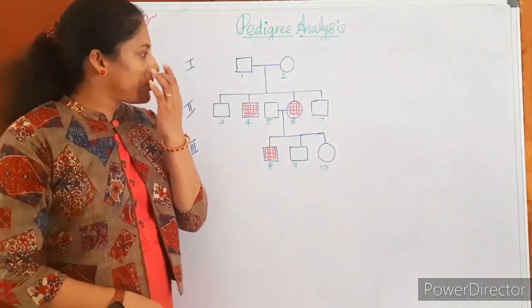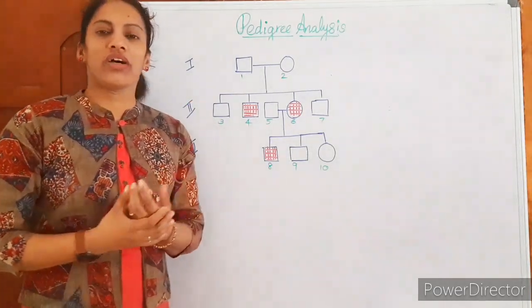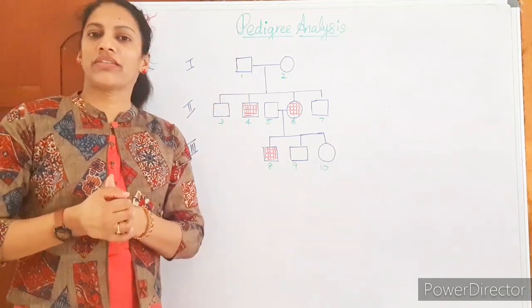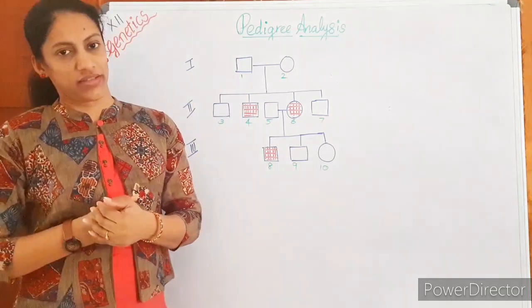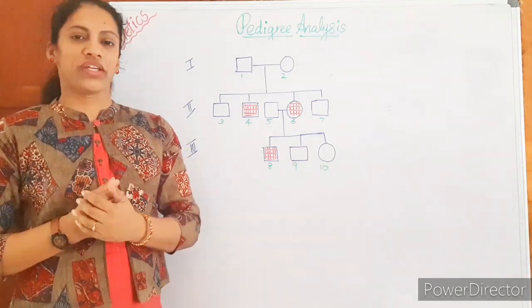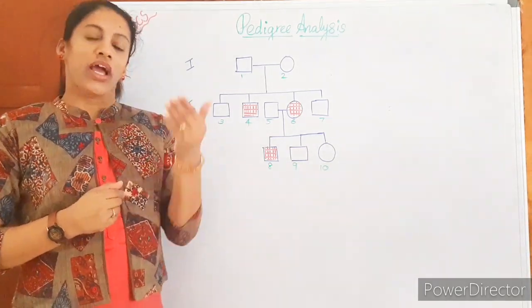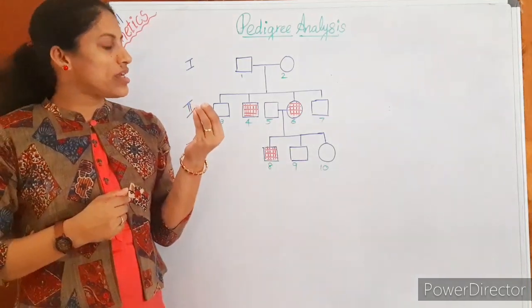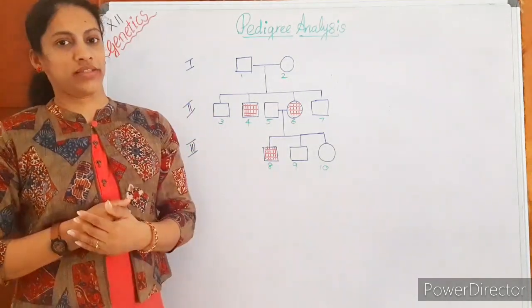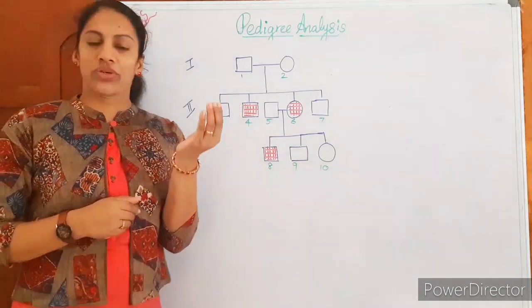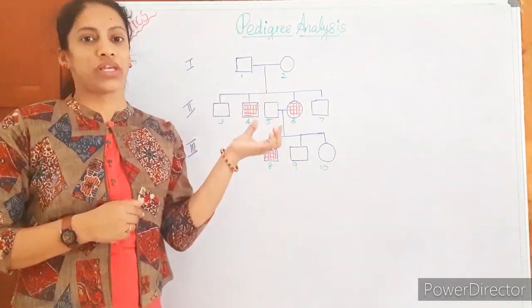Usually with the pedigree chart we can study the disorders which show Mendelian inheritance. Genetic disorders classification we will discuss later.